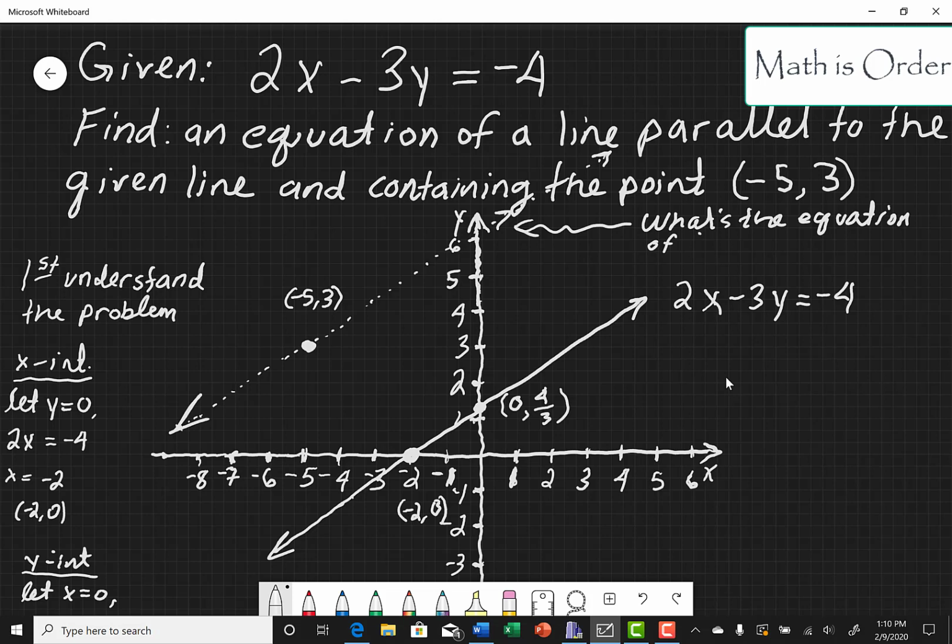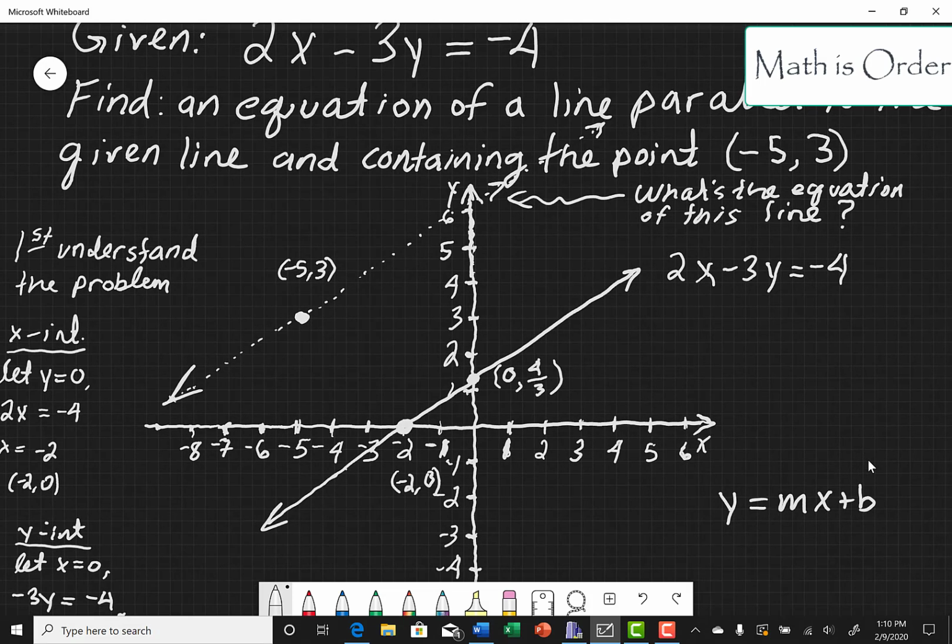And we know the equation of a line is typically given as y equal mx plus b.